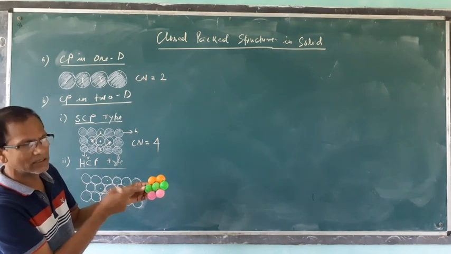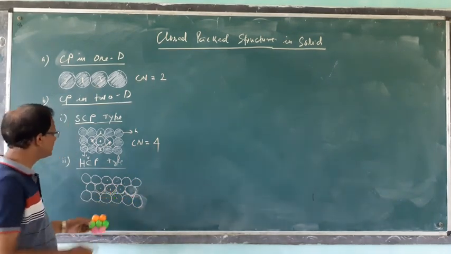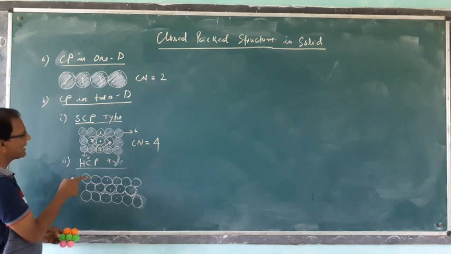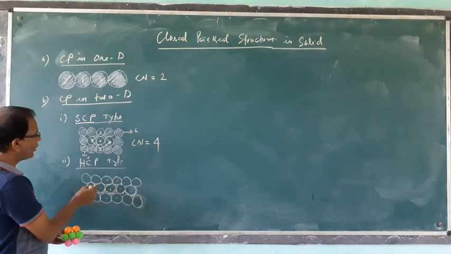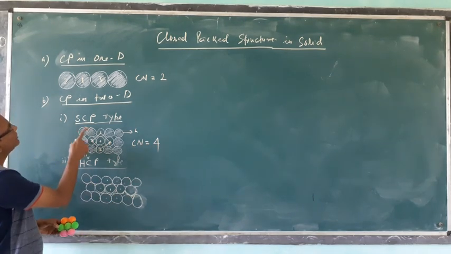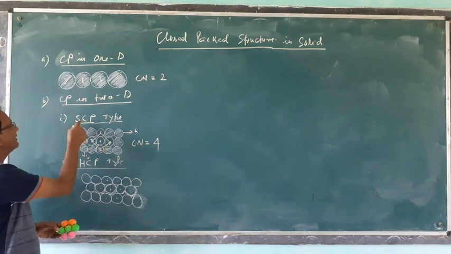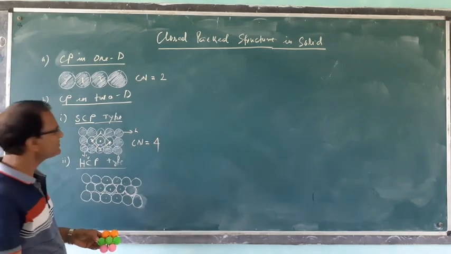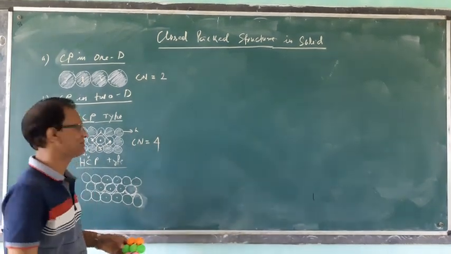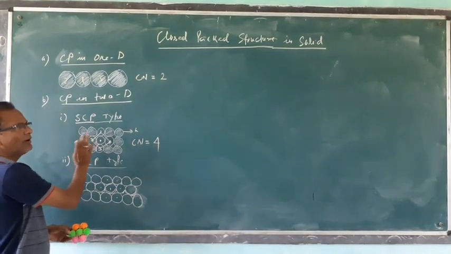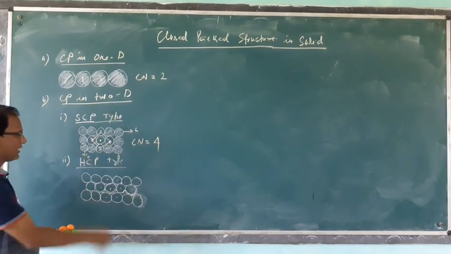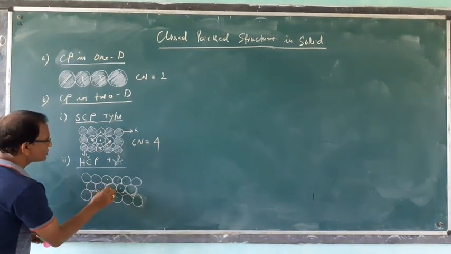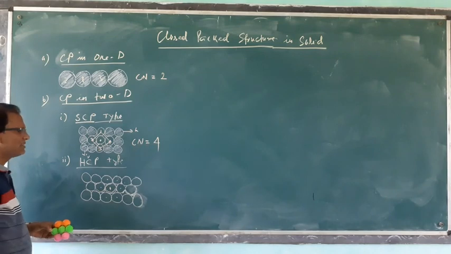This is the difference between square close packing and hexagonal close packing. In hexagonal close packing, the second line will be formed at the depression. But in square close packing, the spheres will be placed directly, not at the depression, horizontally and vertically. Consider this sphere at the center.